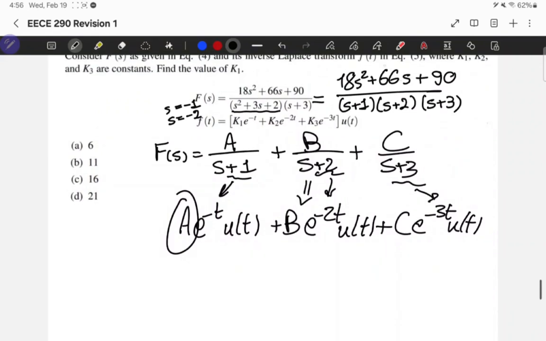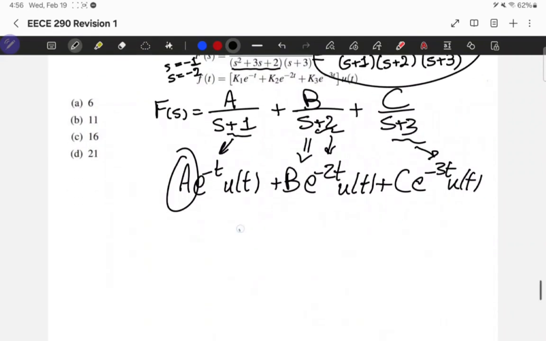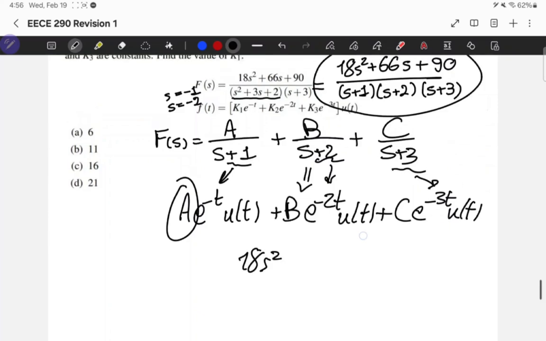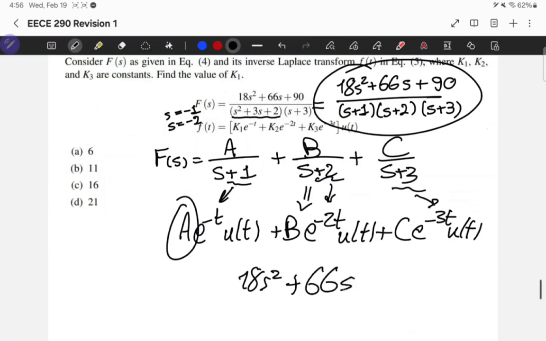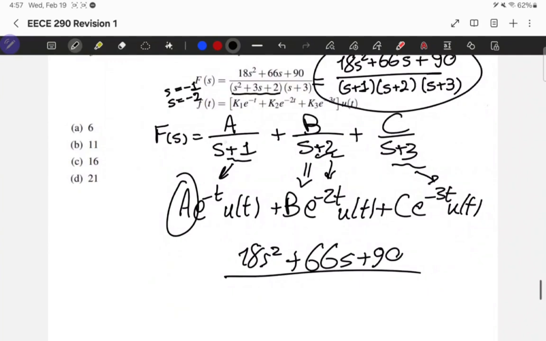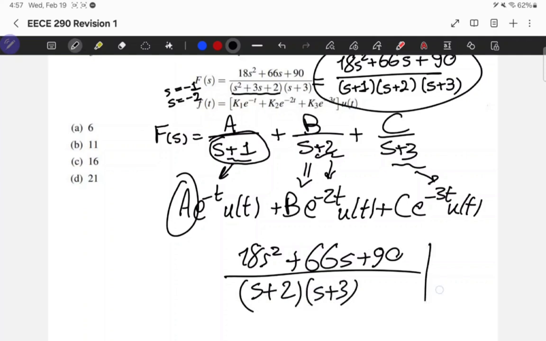So I take this, 18s squared plus 66s plus 90, I cover up the denominator of a, so I cover up s plus 1, so I'm left with s plus 2 into s plus 3, and I evaluate everything by whatever makes the denominator of a equal to 0, so s equal minus 1.